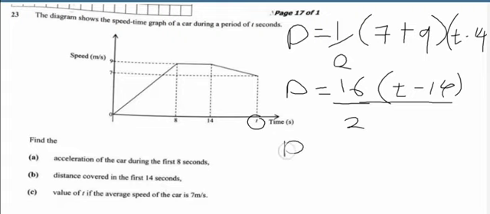From there, distance is going to be equal to 16 multiplied by t. We are going to get 16t, then minus 16 multiplied by negative 14. So let's do likewise, 16 multiplied by 14.